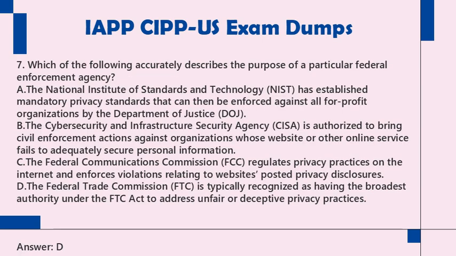7. Which of the following accurately describes the purpose of a particular federal enforcement agency? A. The National Institute of Standards and Technology, NIST, has established mandatory privacy standards that can then be enforced against all for-profit organizations by the Department of Justice, DOJ. B. The Cybersecurity and Infrastructure Security Agency, CISA, is authorized to bring civil enforcement actions against organizations whose website or other online service fails to adequately secure personal information.